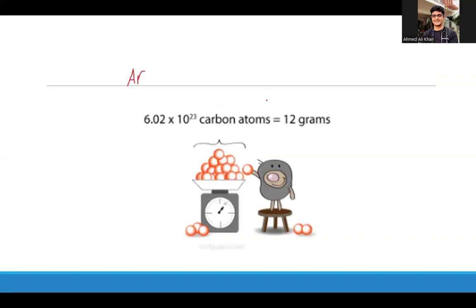So Rafi, can you tell me what is the Ar of oxygen? The Ar of oxygen atom, just looking at the periodic table. 16. 16, exactly. So the Ar of oxygen is 16. Now this is not just 16, this is 16 grams.